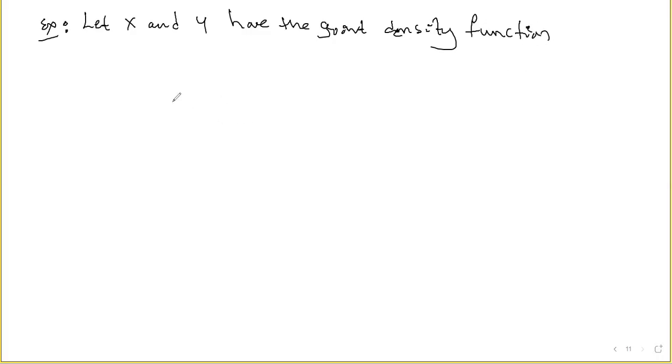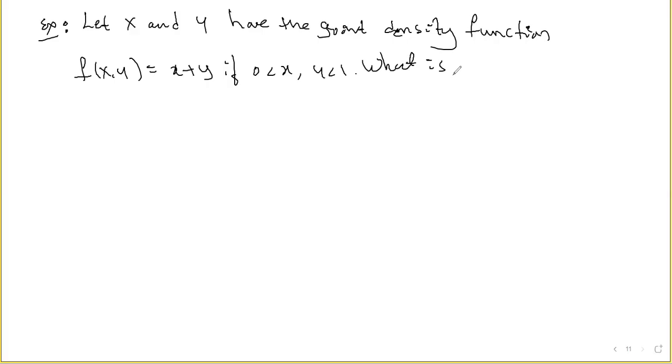Let x and y have the joint density function f of xy equal to x plus y if 0 less than x, comma y less than 1. Next, what is covariance between x and y we need to find. This is the question. Answer we are going to find.